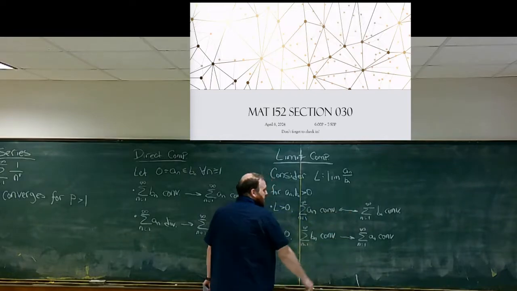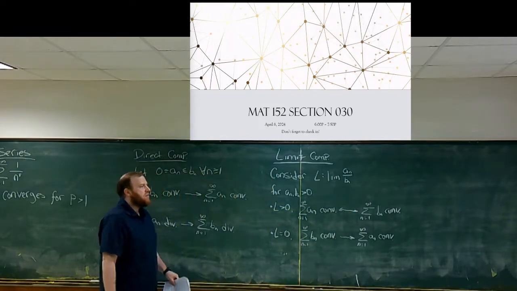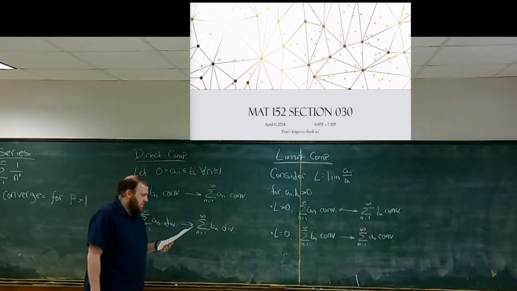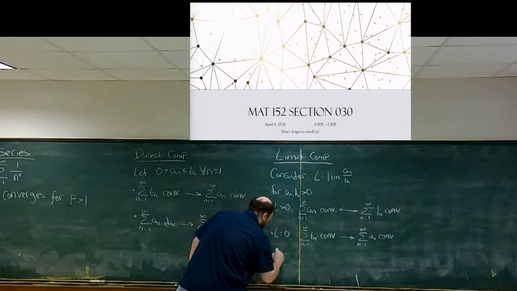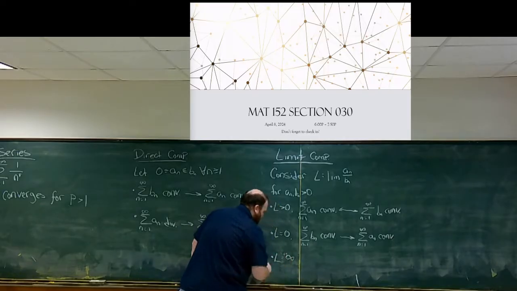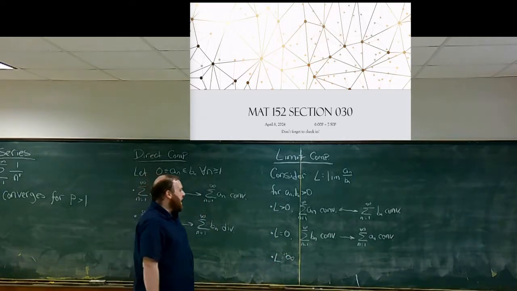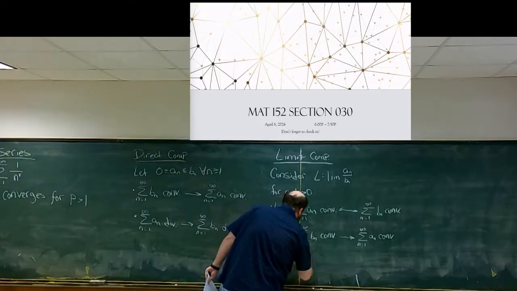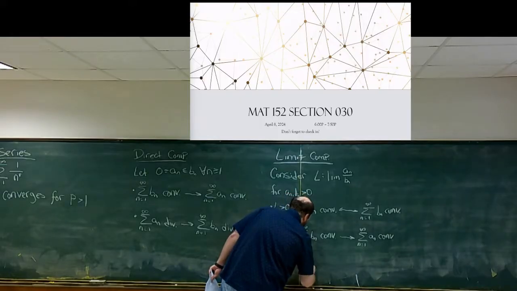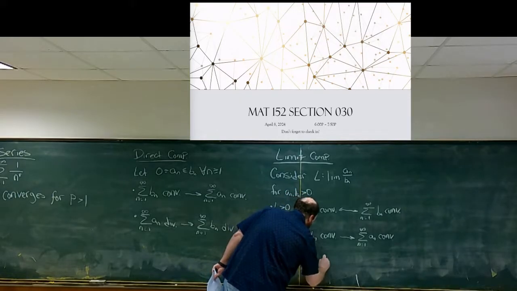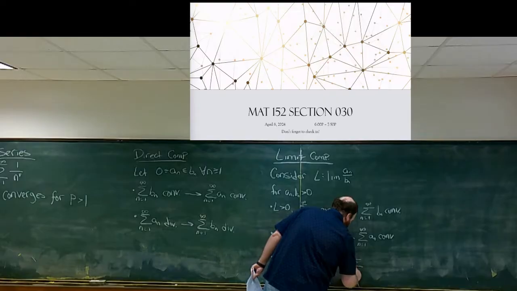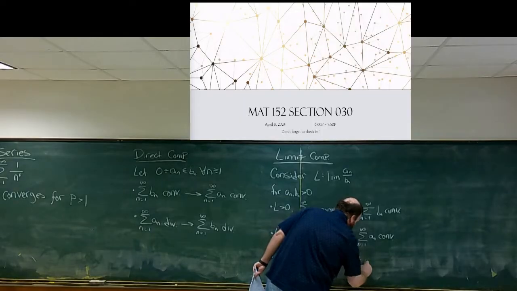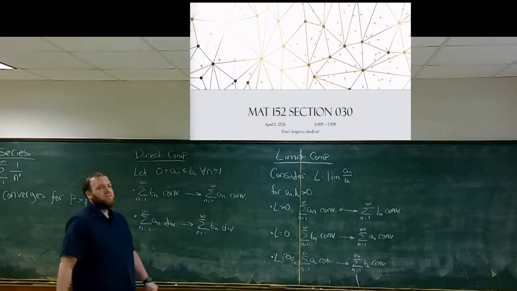The second one is an if-then. Finally, if L is infinite and a sub n converges, then so does b sub n.